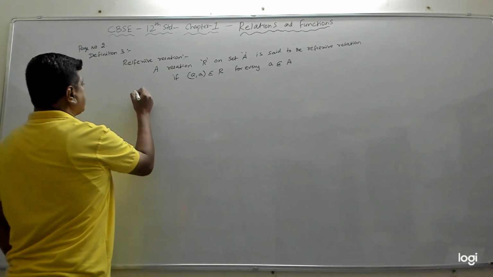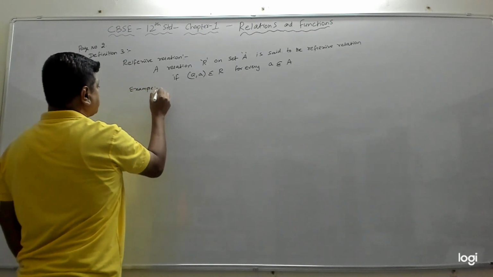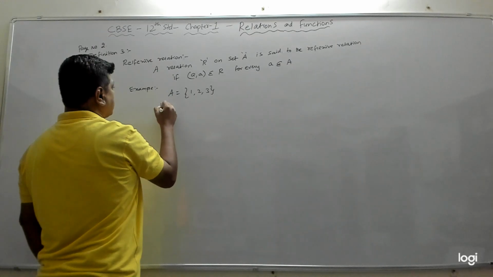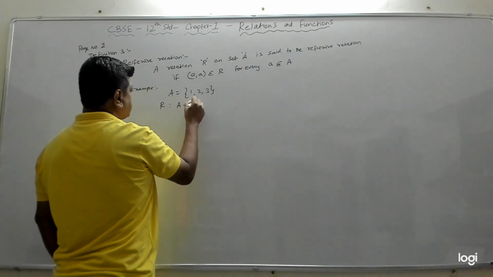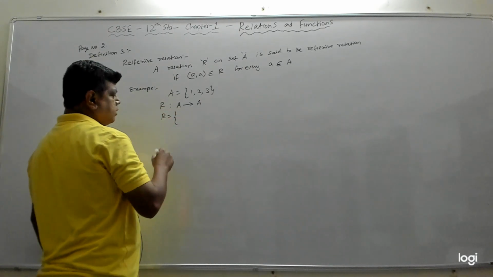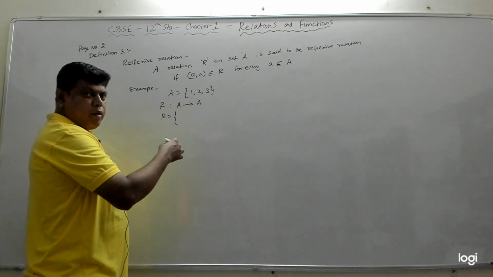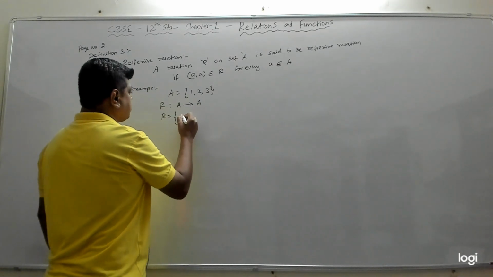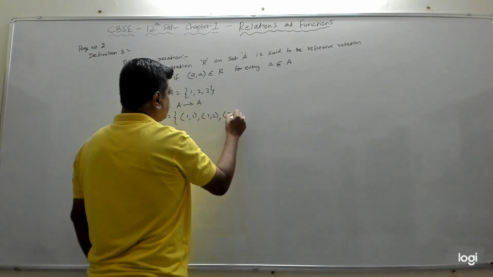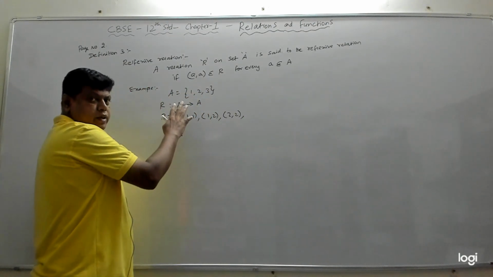For example, suppose we take set A as {1, 2, 3}, and we define a relation R on set A, which means R is a relation from A to A. I am writing the relation set R, which is a set of ordered pairs, in roster form, listing some of the elements: (1, 1), (1, 2), (2, 2), (2, 3), and (3, 3).